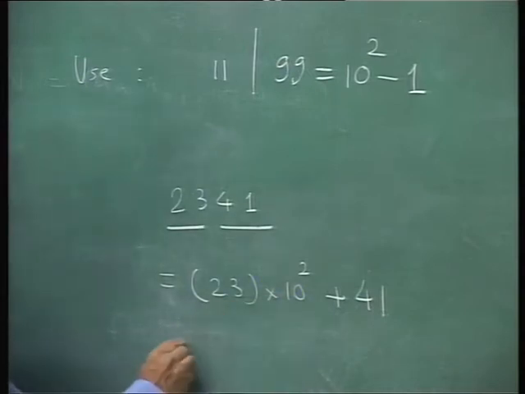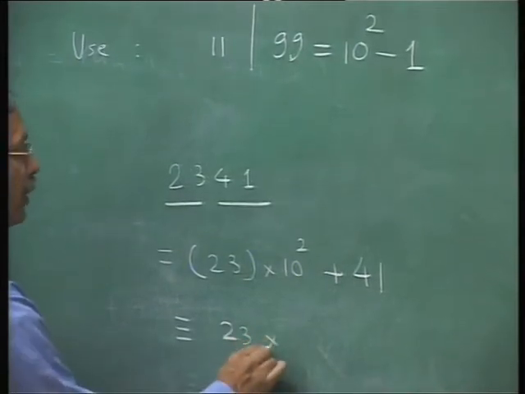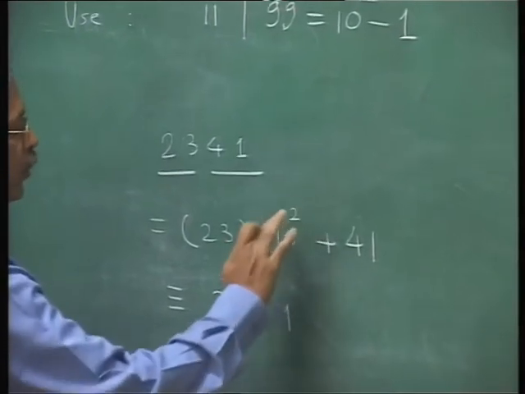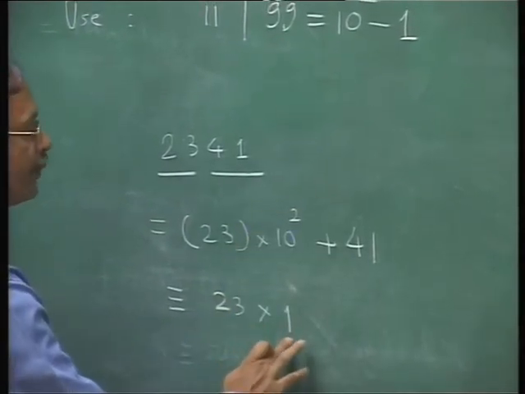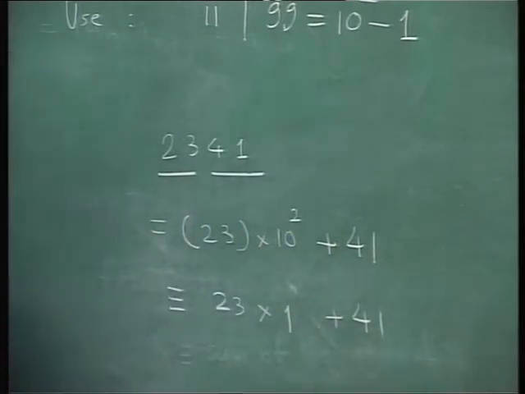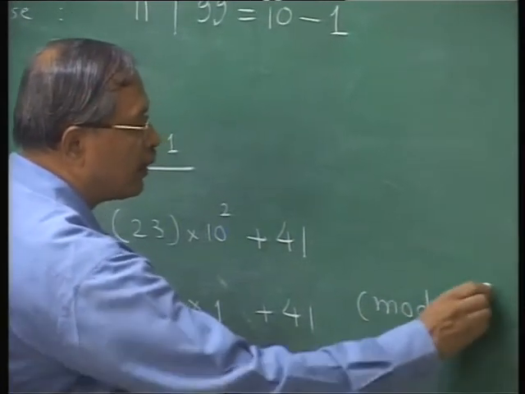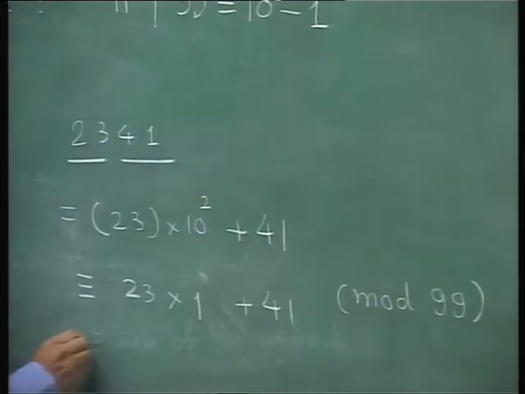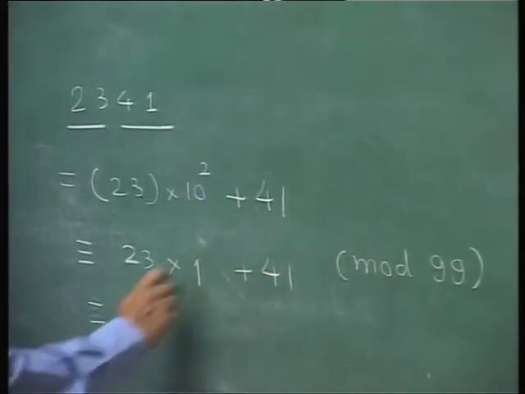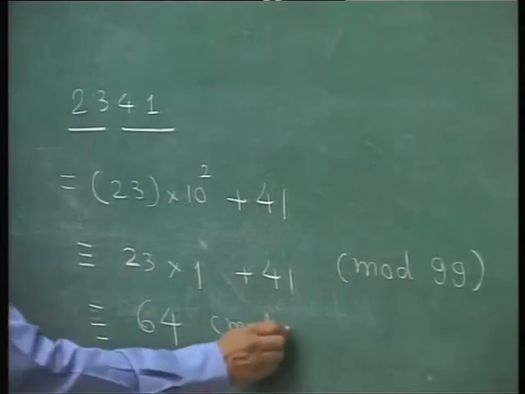And now, this is congruent to 23 multiplied by 1 square, since 10 square is congruent to 1 mod 99, plus 41. So, this is mod 99 and this is congruent to 64 mod 99.